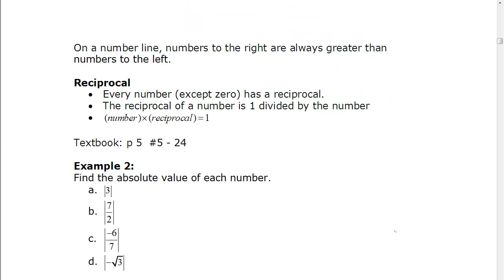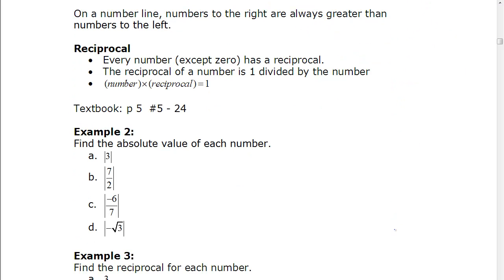On the number line, we can think of the numbers to the right as always being greater than the numbers to the left. So if we look at another number line here, it always goes bigger to the right. So 1, 2, 3, 0, -1, -2, -3, smaller to the left. So if you need to know -1, let's say, and -4, which of those is bigger?